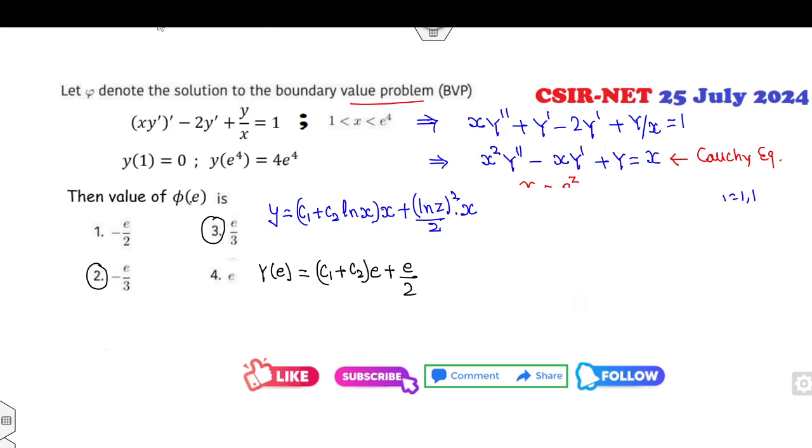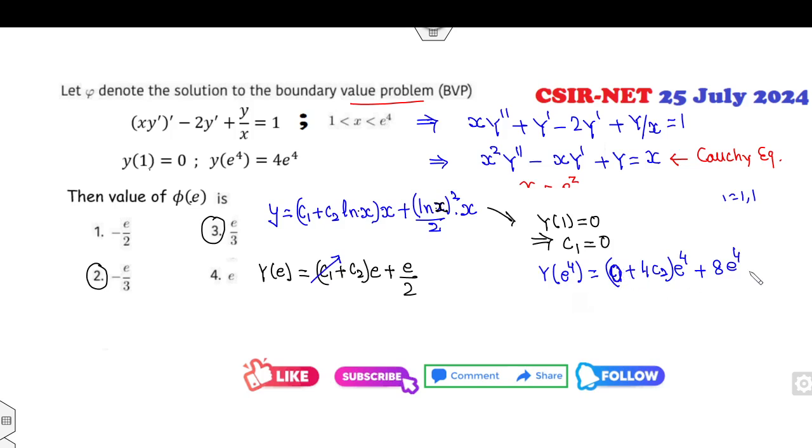Fine. Now I can apply y of 1 equals 0. What is the meaning of y(1) equal to 0? So log 1 is 0, that implies c1 is 0. So that means this part is 0. If I apply y of e raised to power 4, that will be c1 plus 4 times c2 e raised to power 4, plus 4 square is 16, 16 by 2 is 8, e raised to power 4.